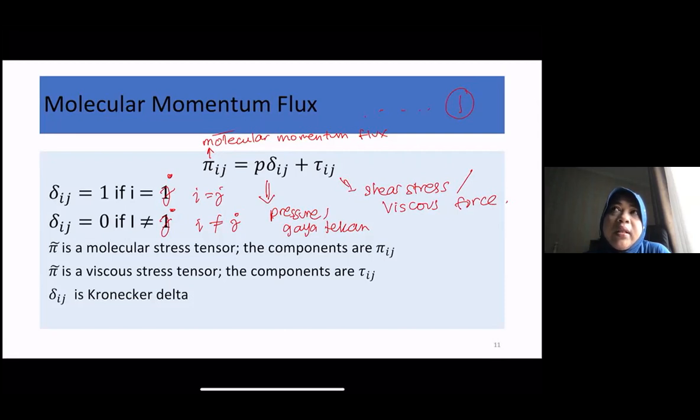Can you think what the correlation is between Newton's law of viscosity and this formula? Anyone?